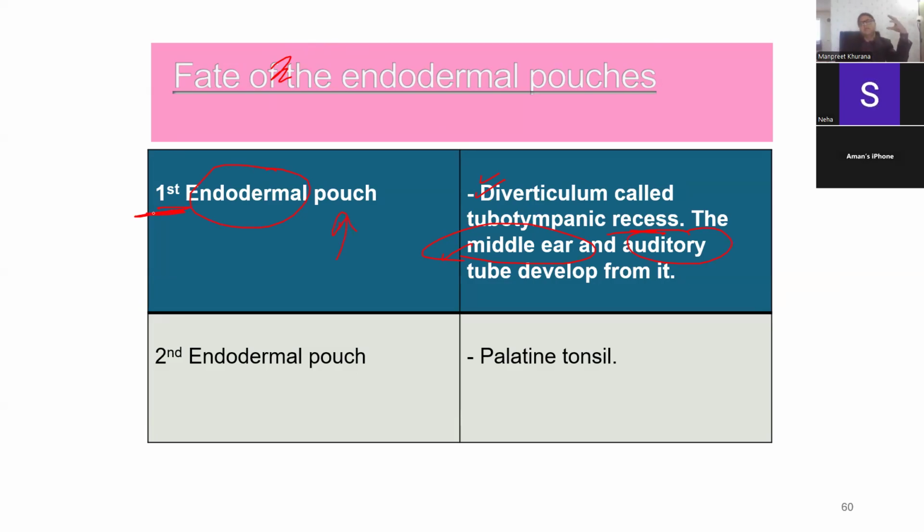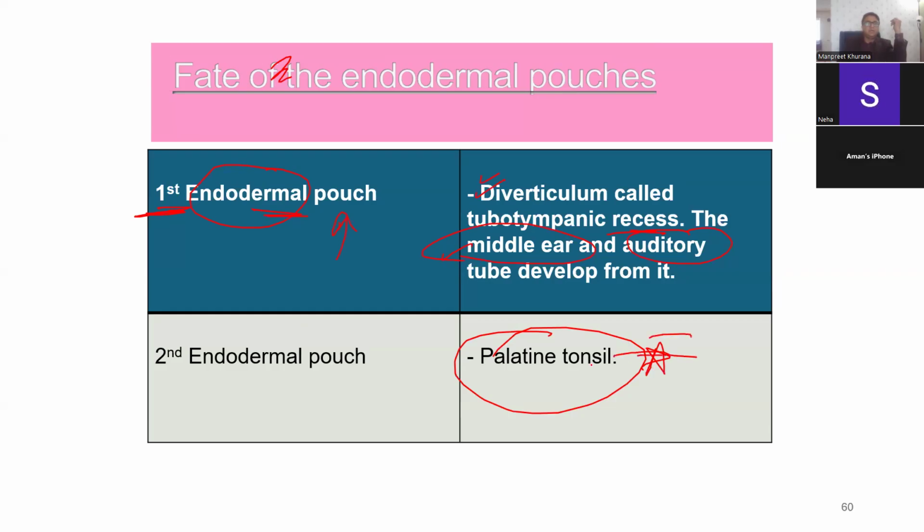Sometimes they twist the questions. The concepts are the same, the questions are twisted. Sometimes they ask: the auditory tube is a derivative of ectoderm, endoderm, mesoderm, none of the above. So this is an endodermal derivative, right? Middle ear and auditory tube develop from the first endodermal pouch. They're endodermal derivatives.